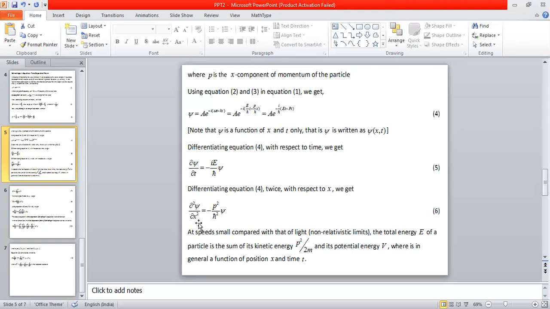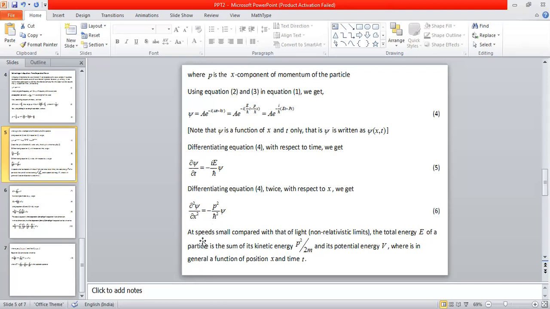So therefore, there is a double differentiation. Dou square psi divided by dou x square is actually equal to minus p square by h cross square times psi. Again, it is possible to show this simple step using differentiation of equation 4 twice.